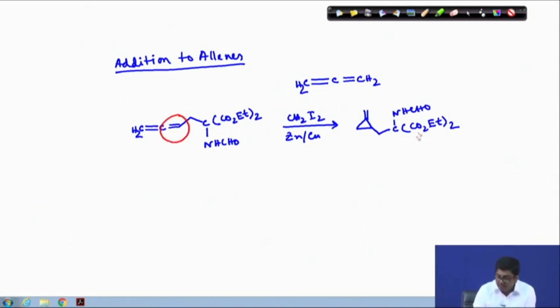Why? Because again, if you see, there is one heteroatom near about and that is guiding which double bond is going to be cyclopropanated. Additionally, this side is more substituted also. So, overall the product is this one, this cyclopropane ring with this exocyclic double bond. Finally, this one has been converted into a natural product, that is hypoglycine A. I have shown previously also, this is a very important natural product.